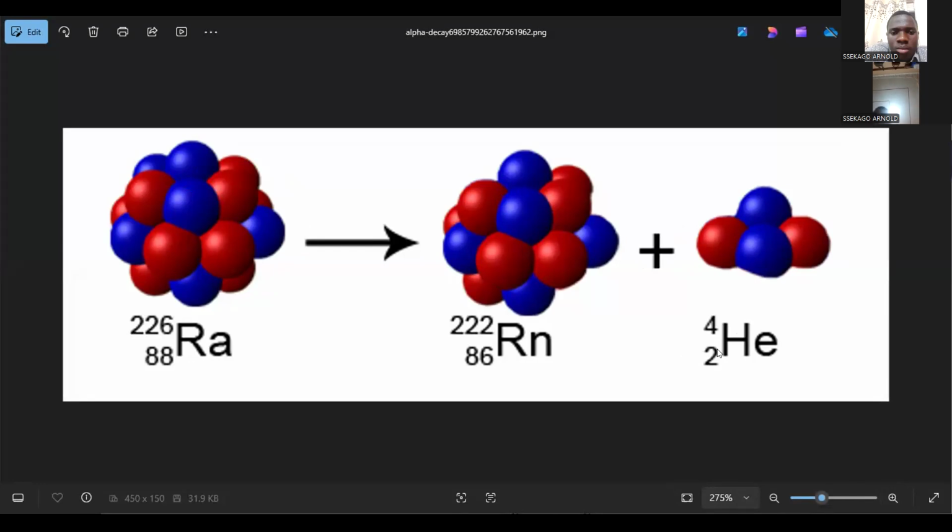So you write activity. Then in that activity, you say consider the decay process of radium.